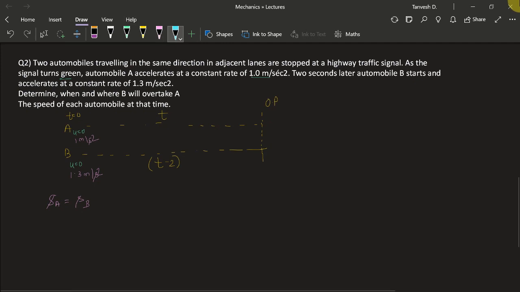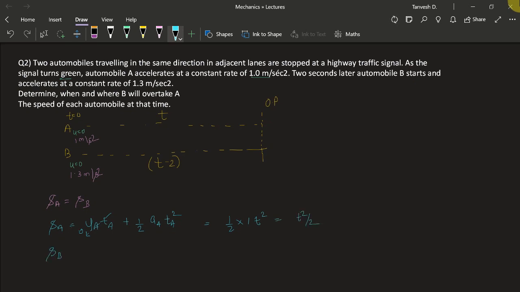So what we can write here, for both of them, SA is equal to UA TA plus half A T square. Okay, so this term gets cancelled because anyways the initial velocity is 0. So what we'll get here is half into the acceleration of A, which is 1, and the time taken by A is t. So it is t square by 2, right?